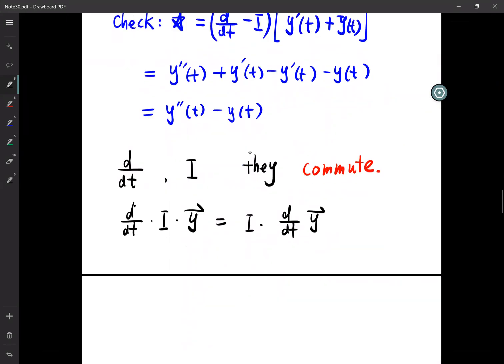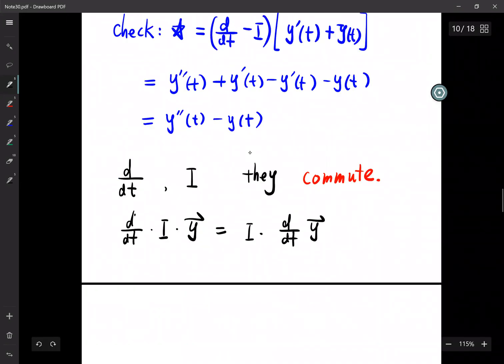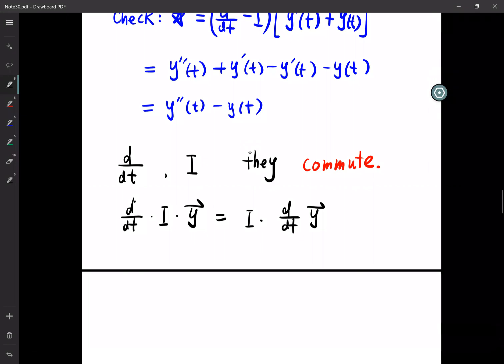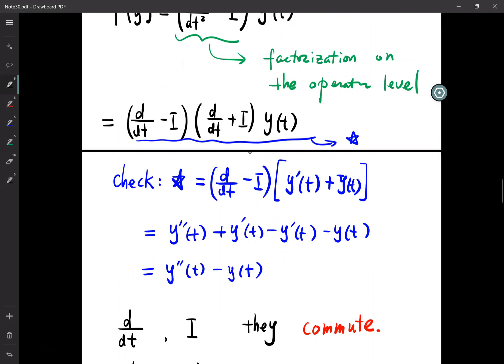So if the two things commute, it is like in linear algebra, AB equals BA. It means that we can manipulate these operators as if they were scalars. That's really the most important sentence to understand this. We can manipulate these operators as if they were scalars.